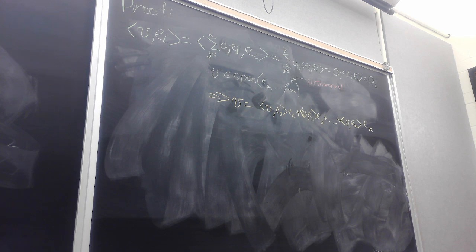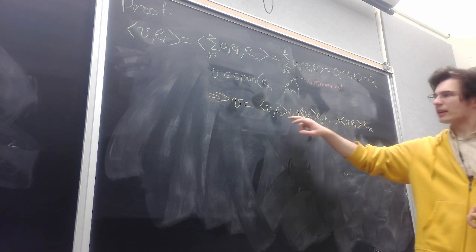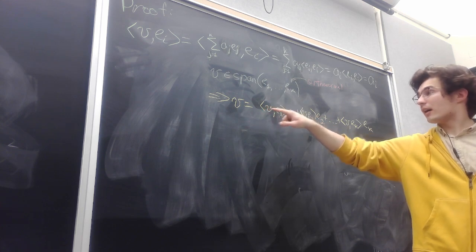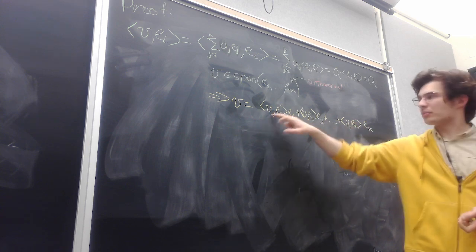Right, so remember what I said before is that this is kind of a statement about the E1s and the EKs all being kind of completely linearly independent, right? All the coefficients in the expansion of V, it's V inner product with E1, right?